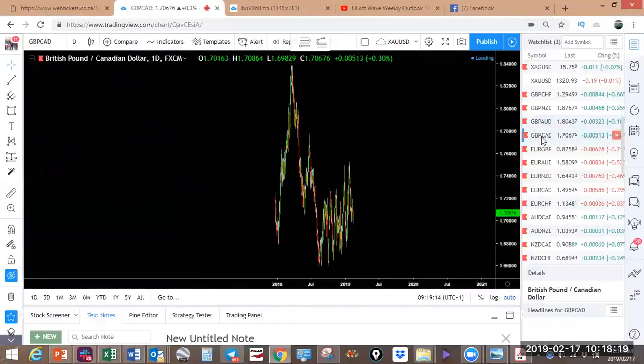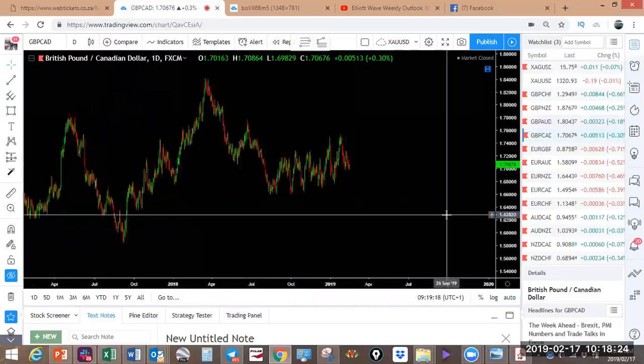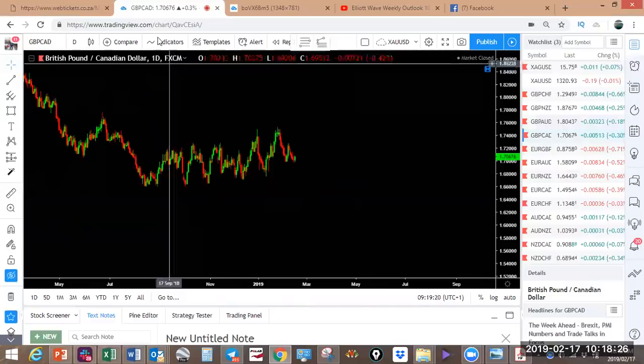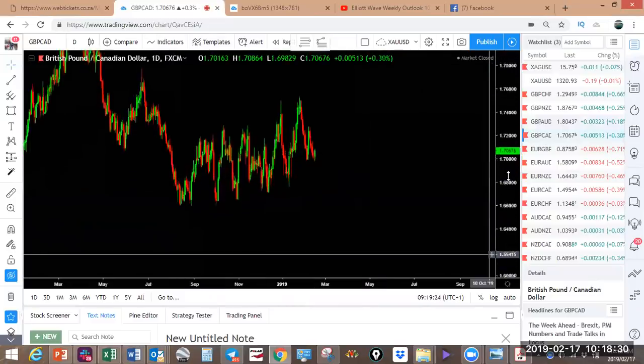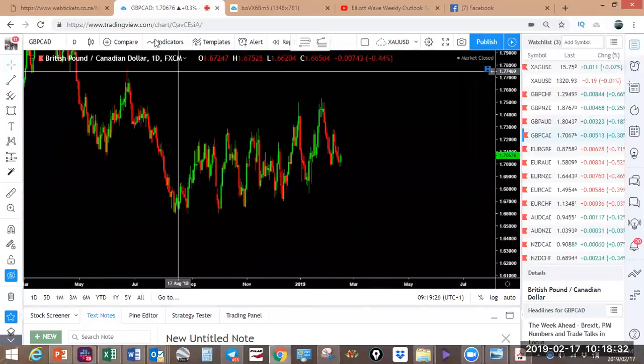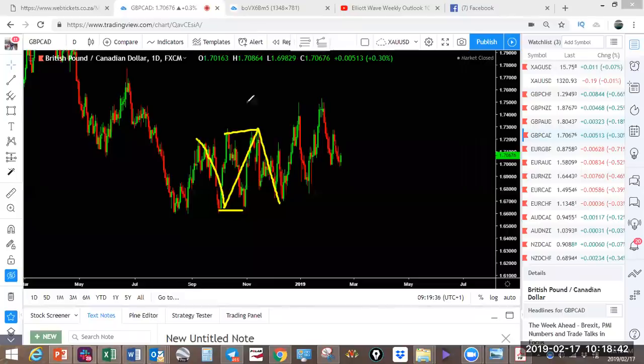Pound CAD. So pound CAD, that corrective structure that looks so complex is still continuing, but we've got the downside here. So let's check what we looked at previously. I'm going to show you the structure in the higher degree now, and this was the structure that we looked at. I looked at this as a regular flat in the middle, a 1, a 2, and a 3, giving you that running flat there in this degree.